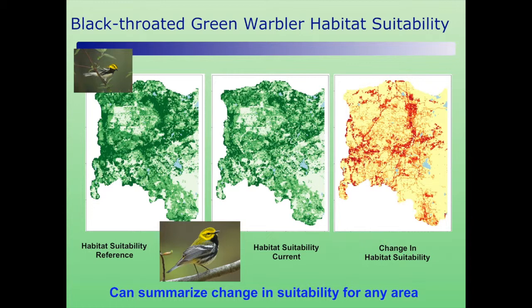In addition, the map is calculated once, but there's absolutely no reason that you can't sub-select from this map and say, I'm only interested in that region. What are the cumulative effects there? Or I'm only interested in this region. What are the cumulative effects there? The map gets calculated once, but it's possible to summarize that map to talk about cumulative effects at any series of nested subregions.